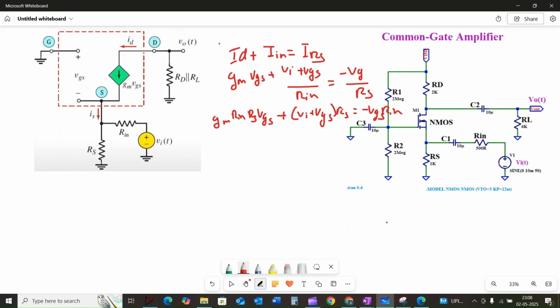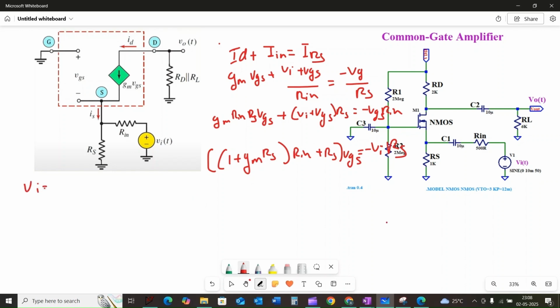When we simplify this, we will get (1 plus Gm into Rs into Rin plus Rs) into VGS is equal to minus of Vi into Rs.